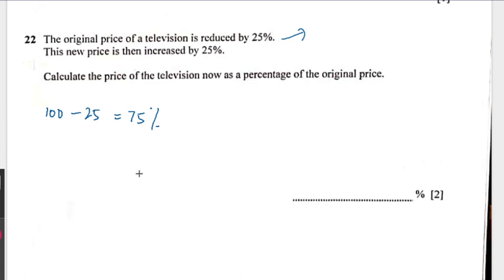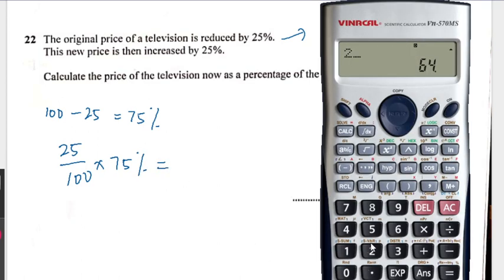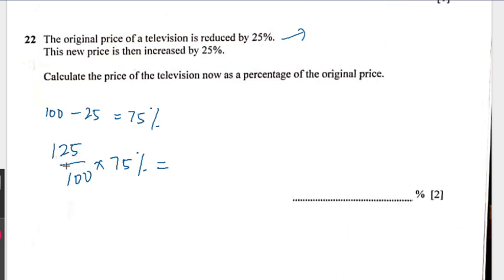Okay, so we increase 25% of 75%. Okay, let's see what is that. 25 over 100 times 75%. So let's see. Oh no, this one is not 25% because it's then increased, right? So here should be 125, okay?